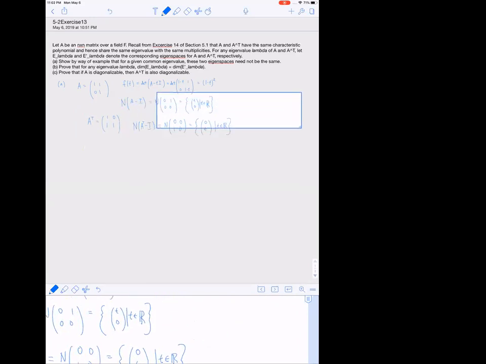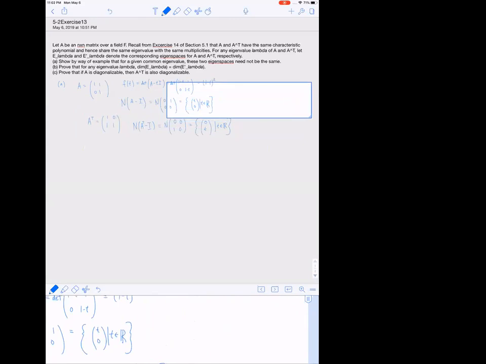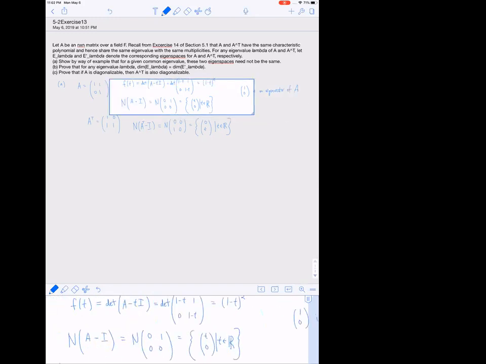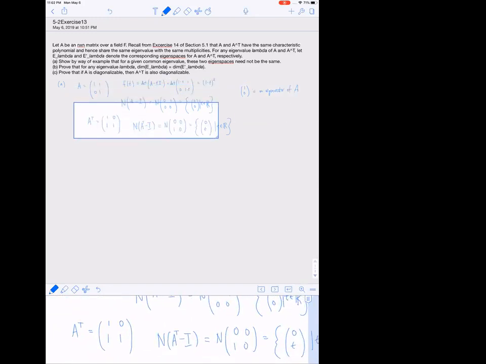So now even much more concretely, we can observe that, for instance, 1, 0 is an eigenvector of A, but presumably it will not be an eigenvector of A transpose.